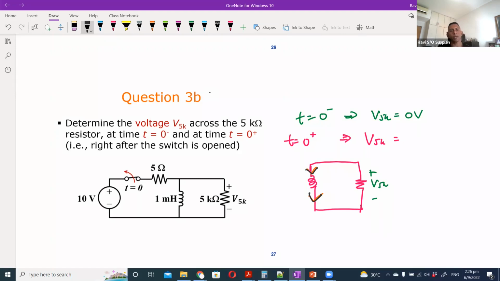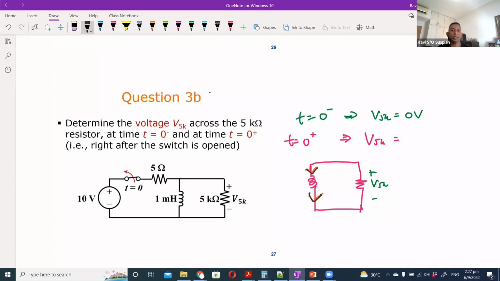When I flip the switch, just like we said, the current through the inductor cannot change instantaneously. That means whatever current was flowing through at that time would be the same current flowing through at the moment I flip the switch.